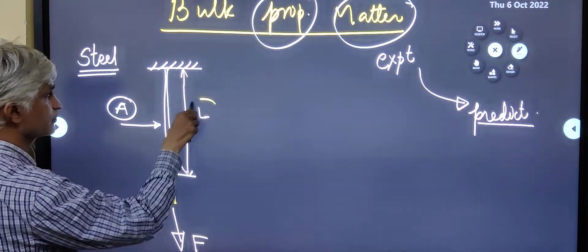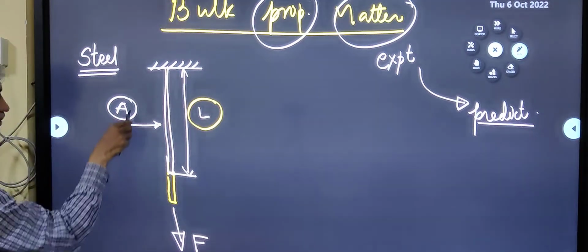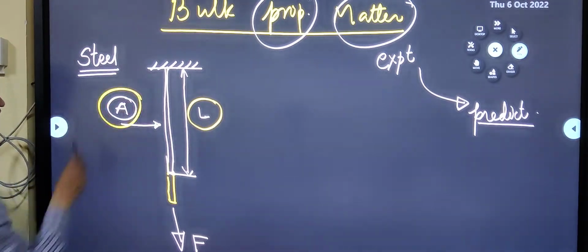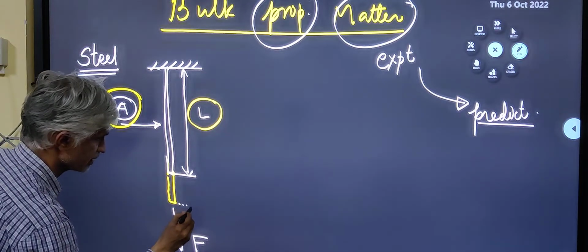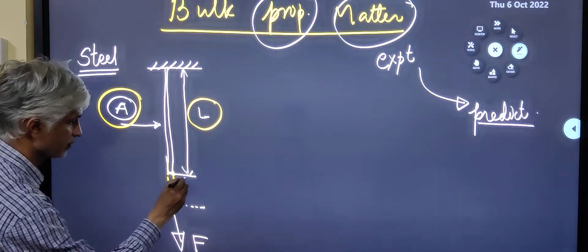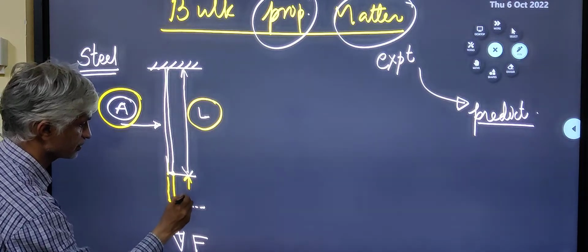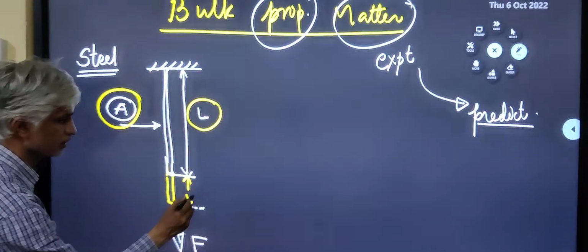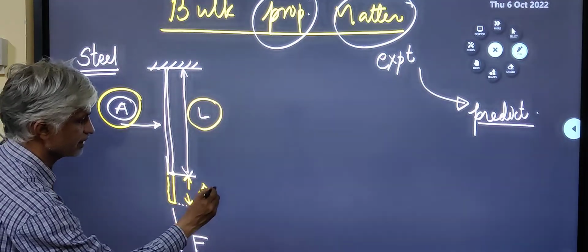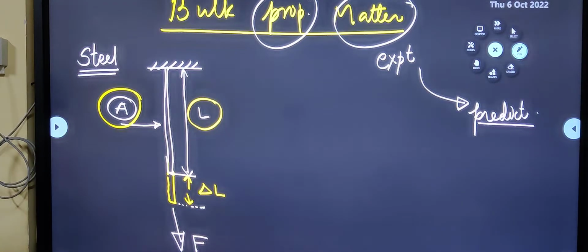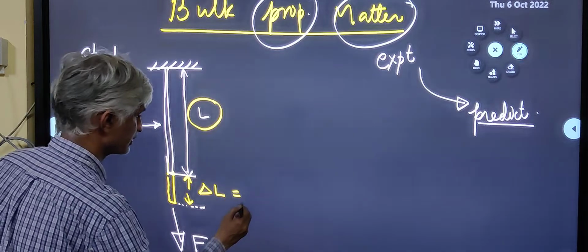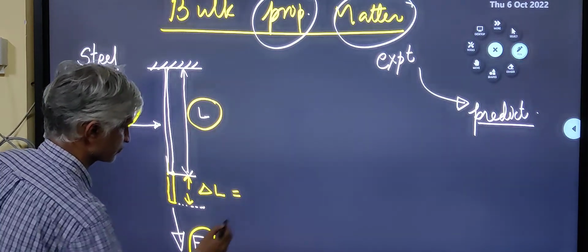The original length of the wire is L, the cross section of the wire is D, and now this increase in length, which I have shown in yellow, we shall call it as the change in length or elongation of the wire under the action of the force F.